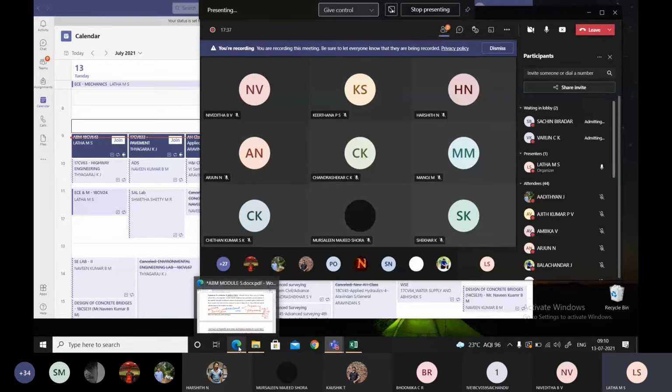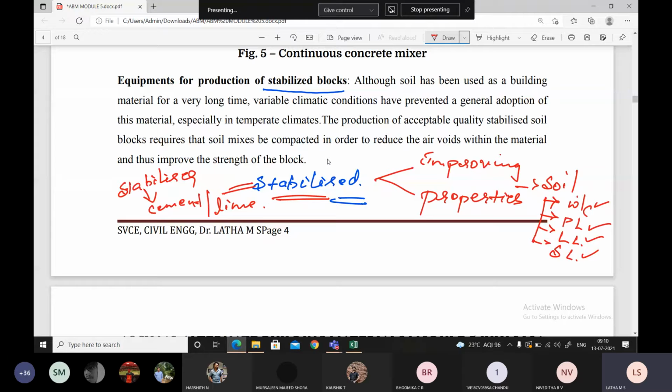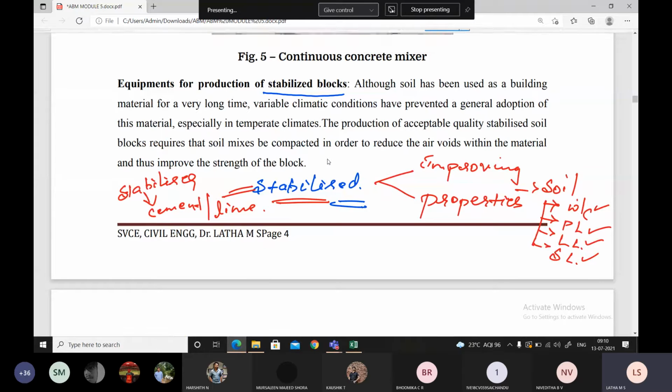Therefore, it's possible to get good values of plastic limit, liquid limit and shrinkage limit. And the water content of the soil will be reduced because it is getting stabilized. So we have to understand what this type of equipment is and how it is being used.